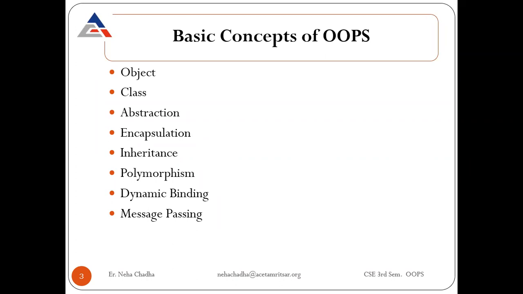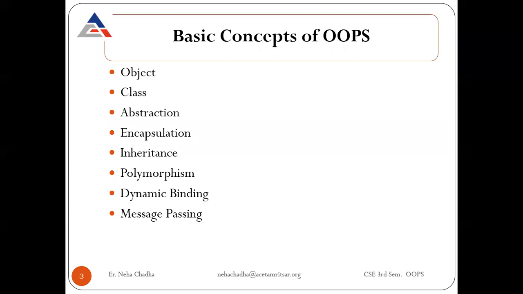Then coming to the next definition, polymorphism. Poly means many and morphism means forms: many forms. In simple words, we can define polymorphism as the ability of a message to be displayed in more than one form.